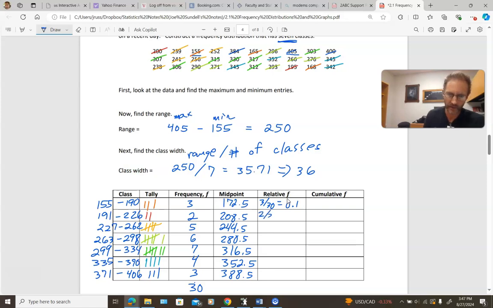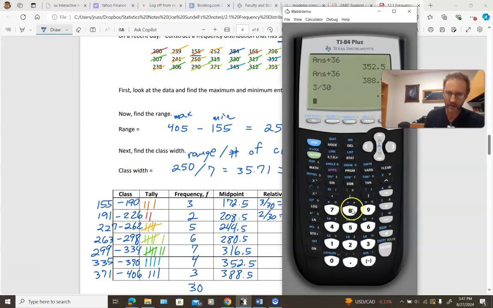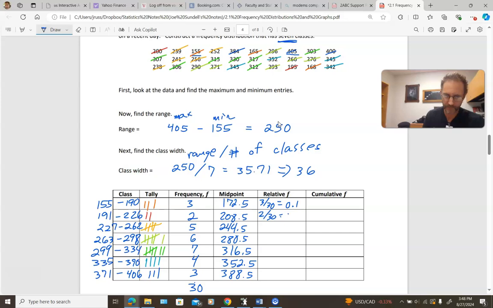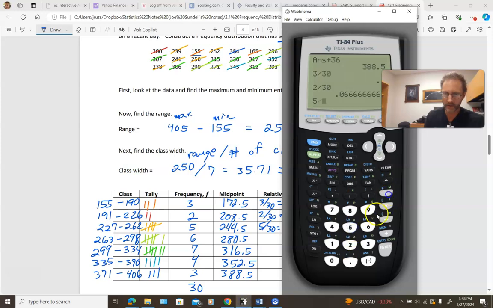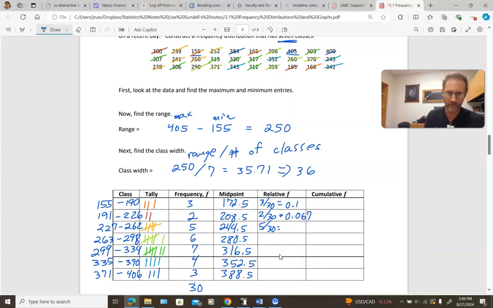And then 2 divided by 30, I'm going to round this to 3 places, so 0.067. And the next one, 5 out of 30. And if I round this one, 0.167. Now we've got 6 out of 30.